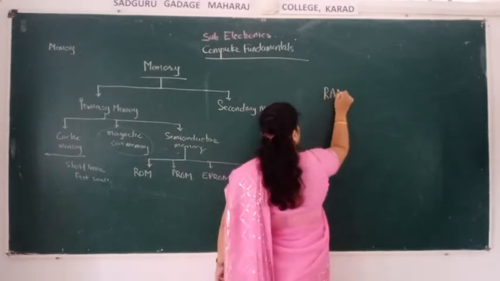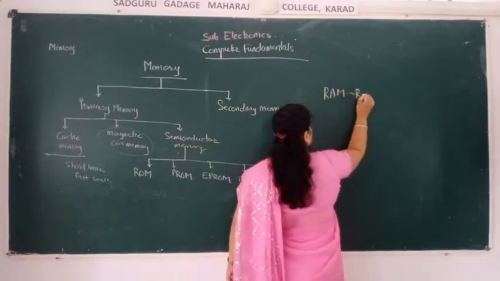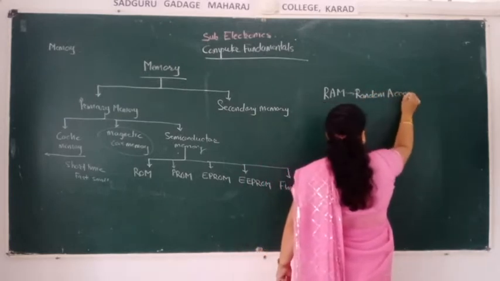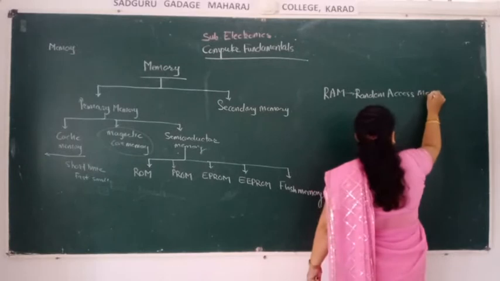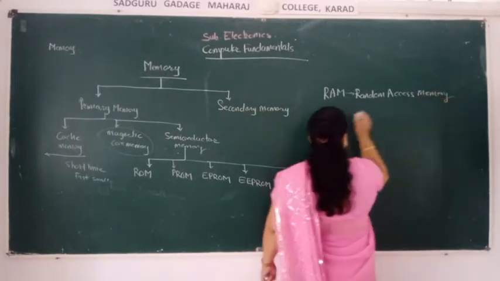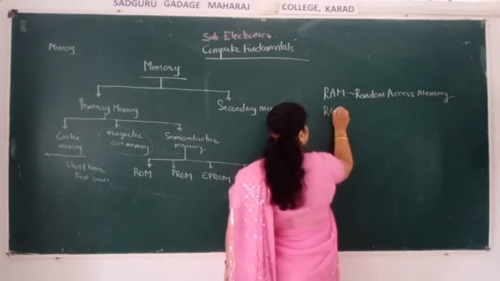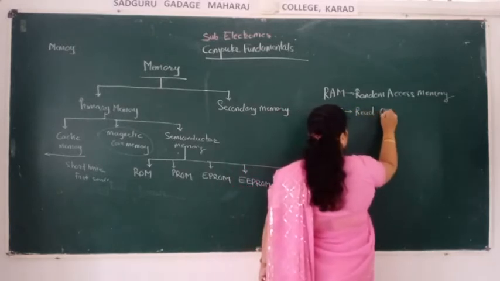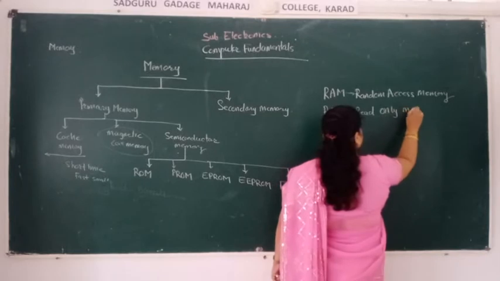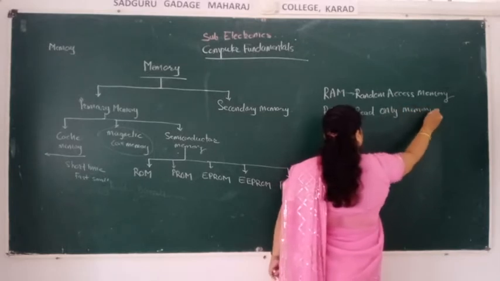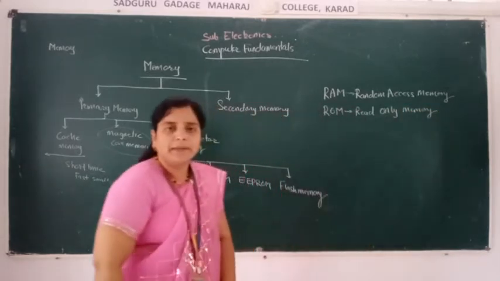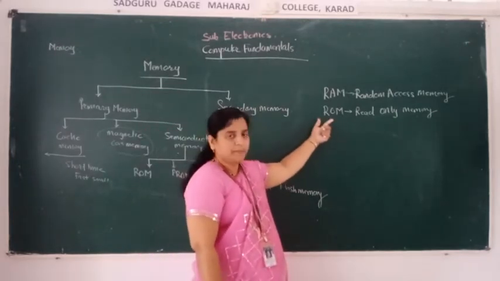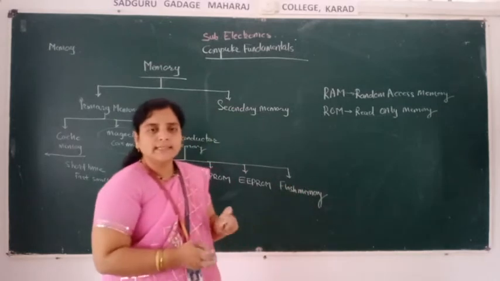RAM means random access memory. And this is the ROM. ROM means read-only memory. What is the difference between them? Read-only memory means here you can only read. You cannot write in this memory because it is the volatile memory.